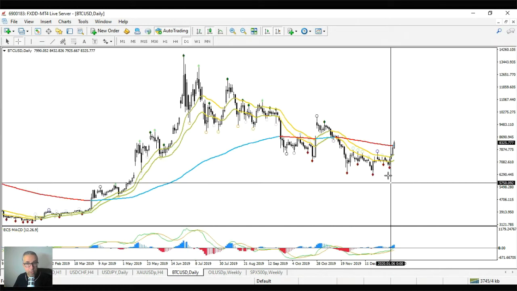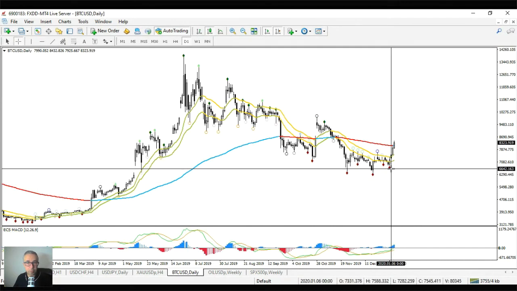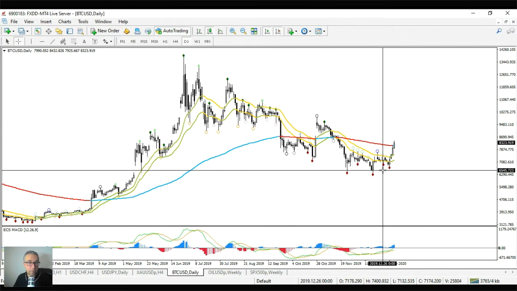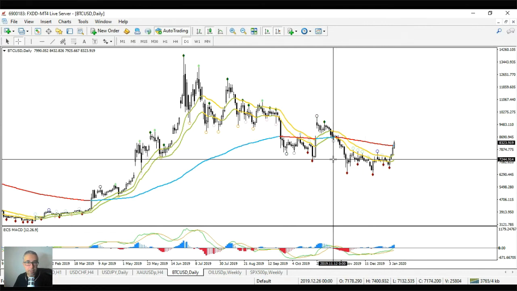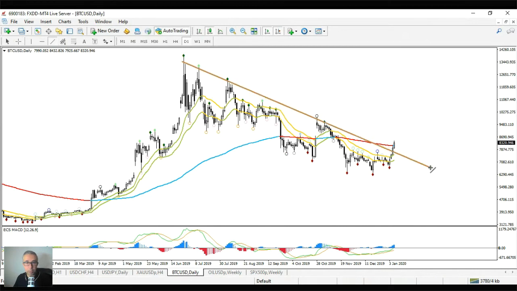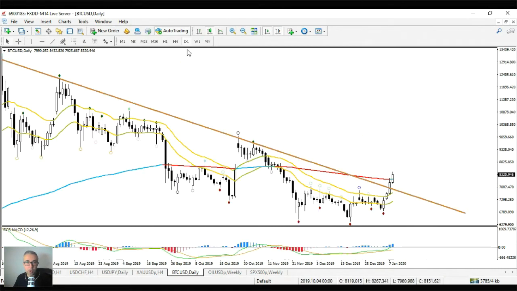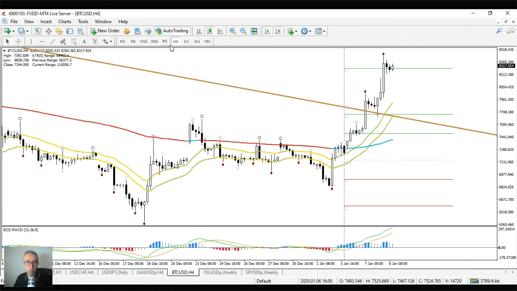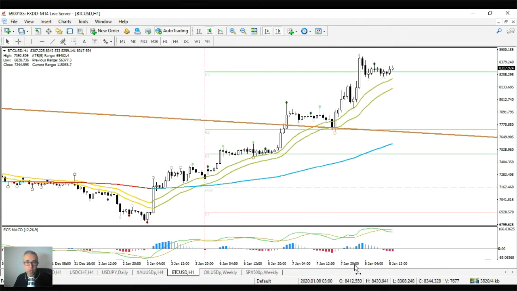So it certainly tested the patience of bulls with going as deep as 66.5. But now I think more and more likely that a stronger push up could take place. We're getting a break here as well. So on a 4-hour chart, momentum too, 1-hour chart as well.